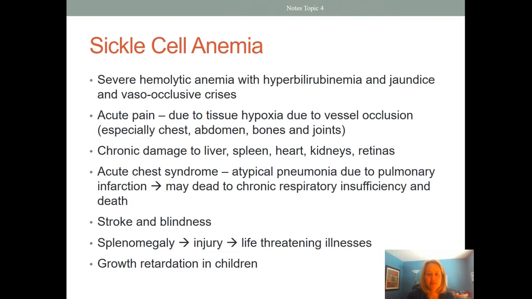Chronic damage to the liver, spleen, heart, kidneys, and retinas. Acute chest syndrome, which is an atypical pneumonia due to pulmonary infarction, and that can lead to chronic respiratory insufficiency and death. This can also cause stroke and blindness. Splenomegaly, swollen spleen, injury and life-threatening illnesses, and growth retardation in children.